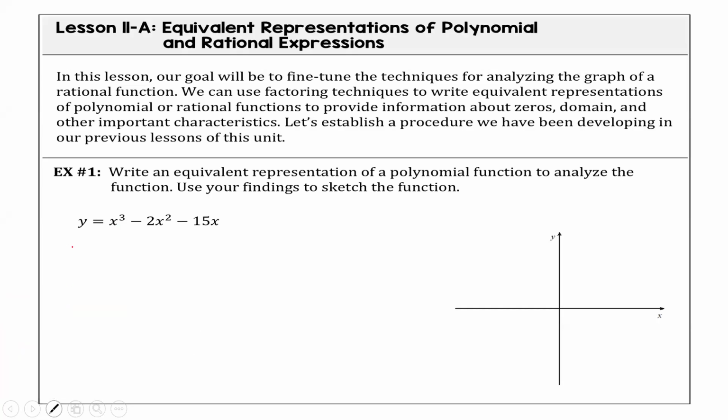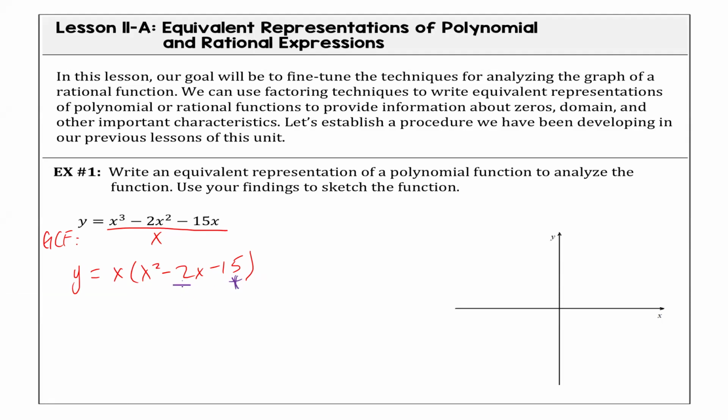And what is our GCF? X. So our GCF is X. So we're going to divide everything by X. So when I take out the X, I'm left with y equals x times x squared minus 2x minus 15. After I've done that, now I can go through and remember our simple factoring, where you're asking yourself, what multiplies to give me negative 15?